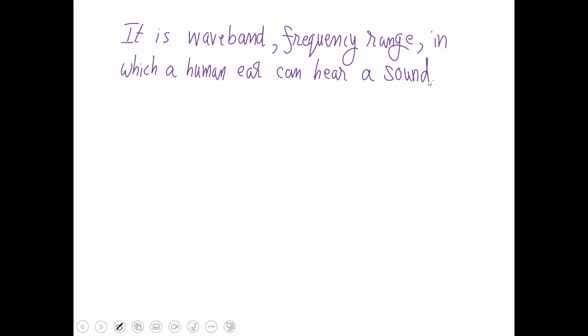So this is our listening range. Luckily we can't hear everything, and that is why we can comfortably sleep. We can concentrate on our work. So it's a miraculous design that we do not hear everything.